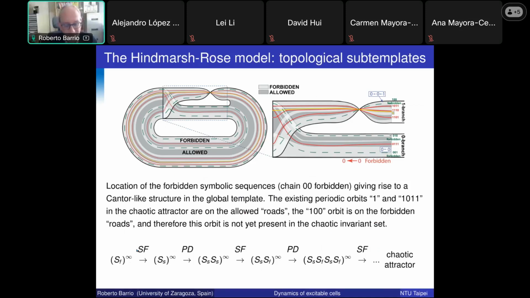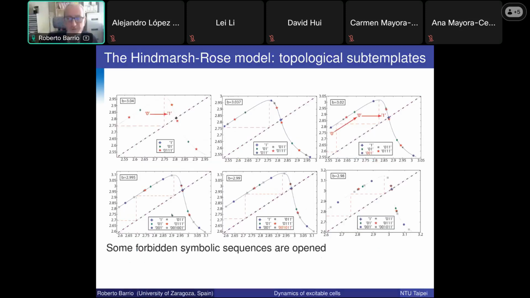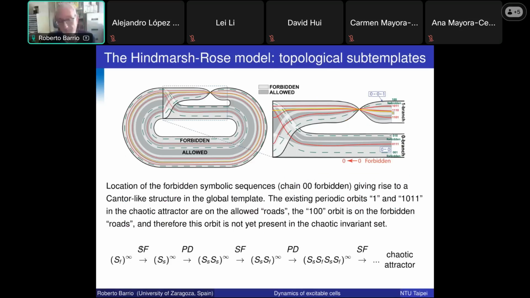So this is the change: when you cross the maximum of the first return map, that is also super stable, which is related to several things in discrete dynamics. In this case, when a periodic point crosses, the notation of this point changes from 1 to 0. This change is what we call symbolic flip, because it changes from 0 to 1 or 1 to 0 as the parameter moves.